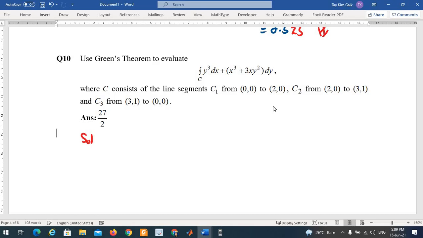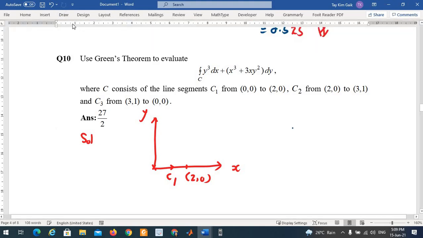So sketching in the first quadrant. This is the x, this is the y. It's 0, 0 here, to 2, 0 here. This is C1, from 0, 0 to 2, 0. C2 is from 2, 0 to 3, 1.